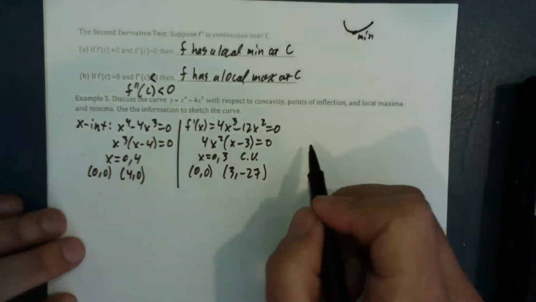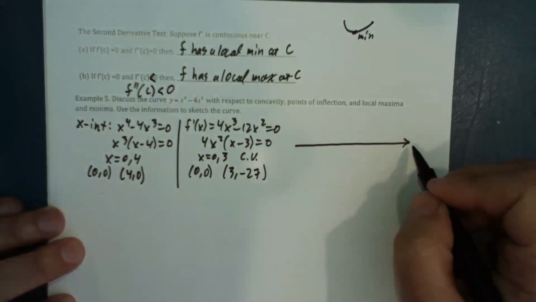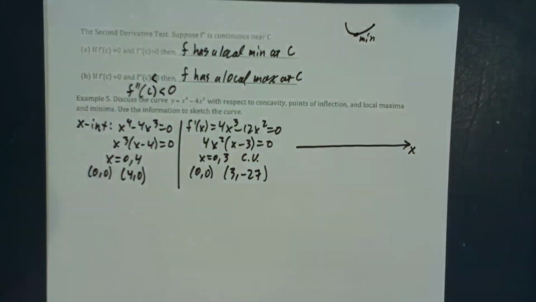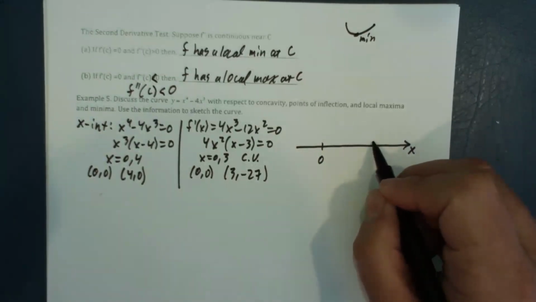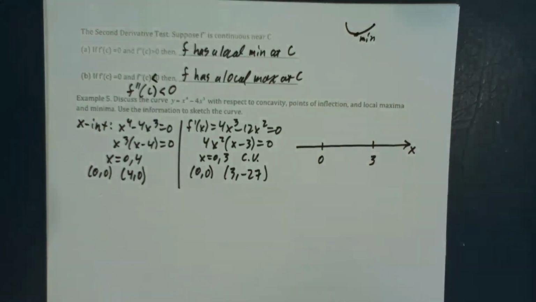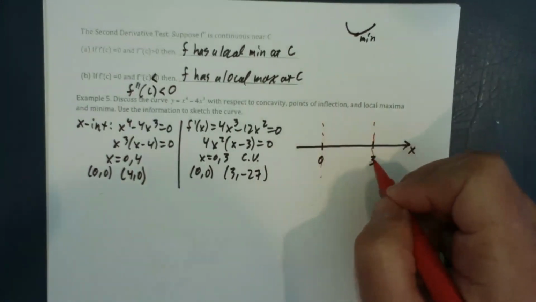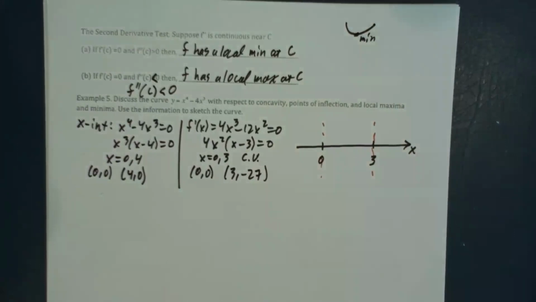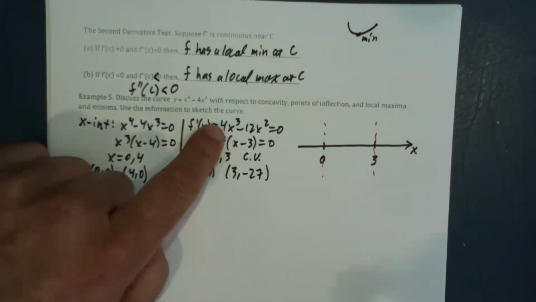And let's determine if these are extrema at all, and if they are extrema, if they're minimums or maximums. So we're going to test 0 and 3. All right, so let's test negative 1 here. And it doesn't matter what I put in there, that'll always be positive.